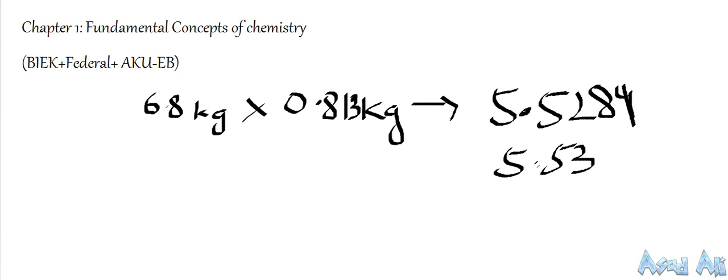Now we have to get 2 significant figures, so the 3 should also be removed. 3 is less than 5, so 5.5 will be the answer. So now you will understand how to add values with different significant figures and how to multiply or divide them.